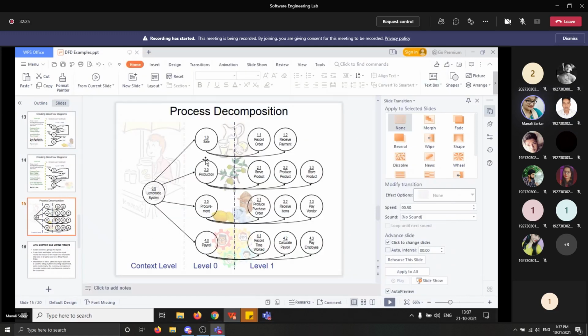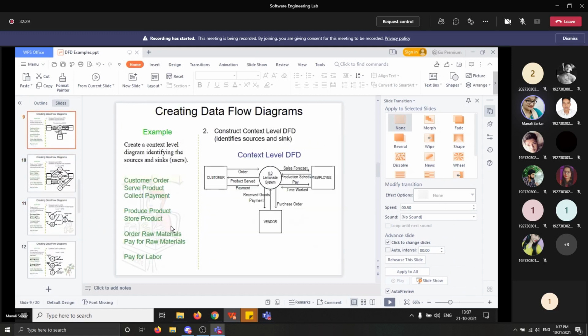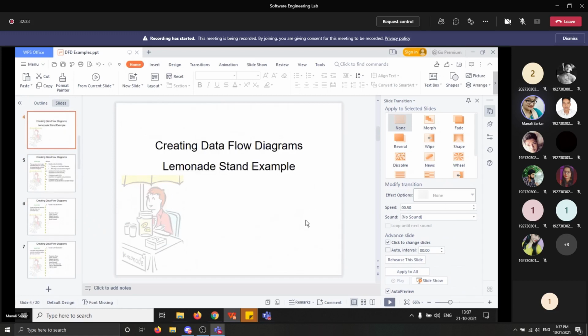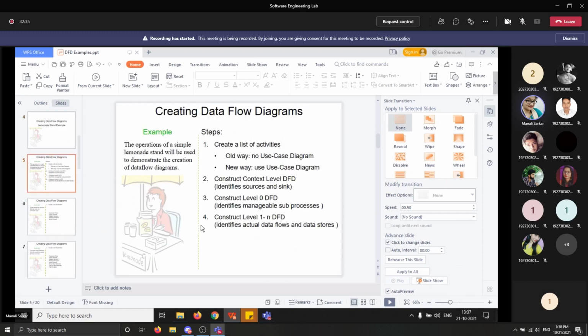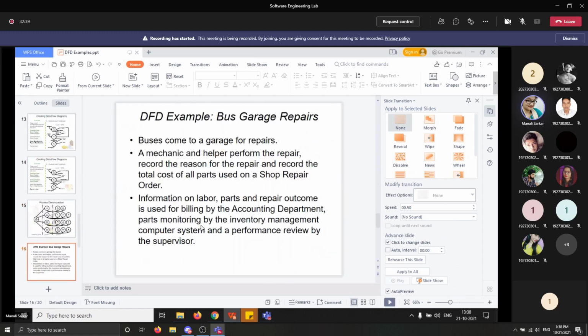Anyways, this is a DFD example. I am giving you one DFD example of bus garage repair. You need to construct a DFD of bus garage repair. You know that buses come to a garage for repairs.